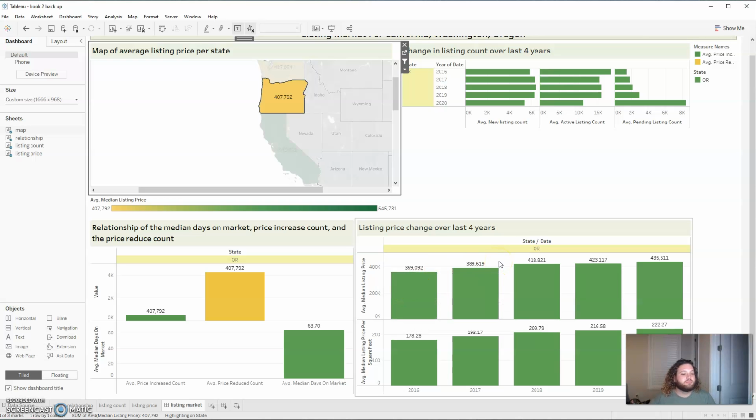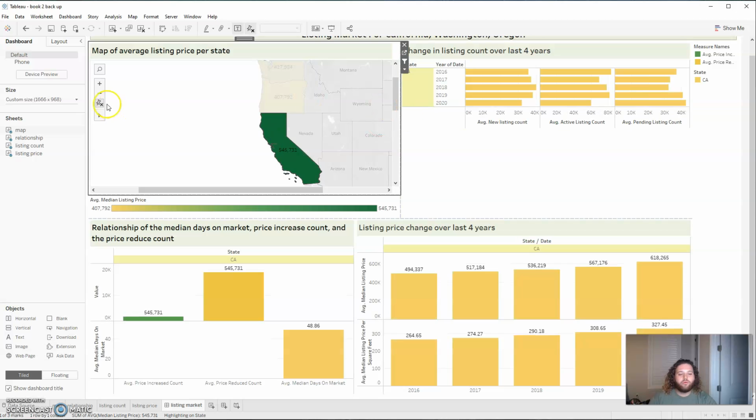You have a good market rolling, and you have a little bit of inflation. Cost of living is going up annually. So these are the average prices of the homes, and this is the size of the homes down here.